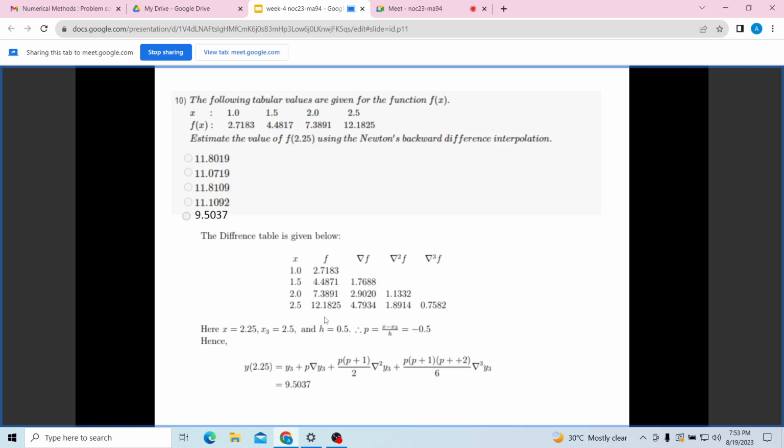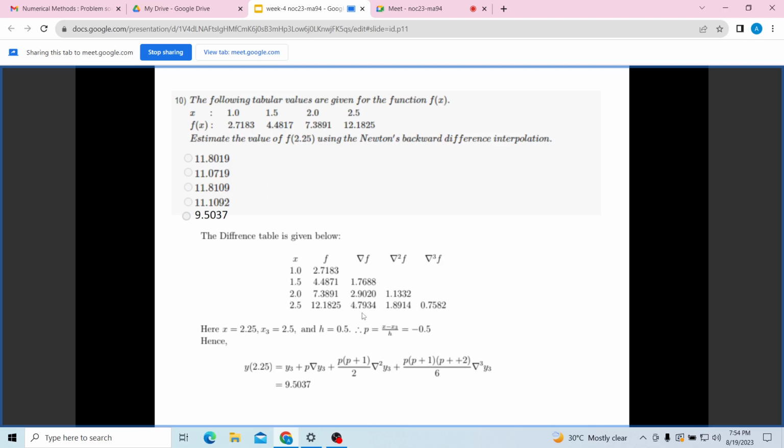Now just put the values in the backward difference interpolation formula. So y of 2.25 is y3 plus p into nabla y3 plus p into (p plus 1) by 2 into nabla square y3 plus p into (p plus 1) into (p plus 2) by 6 into nabla cube y3. So what will be nabla y3?